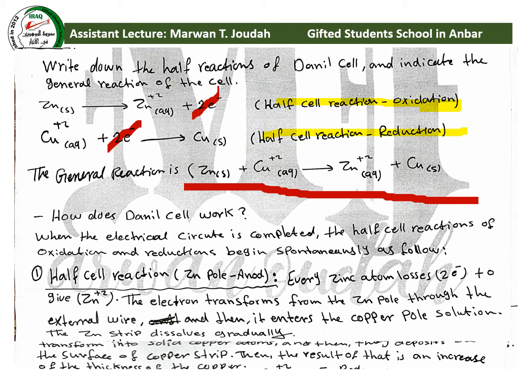The Zn strip dissolves gradually, step by step. It takes some time to dissolve, and the copper gets deposited at the bottom, and the result is an increase in the thickness of the cover. This is the first half reaction.